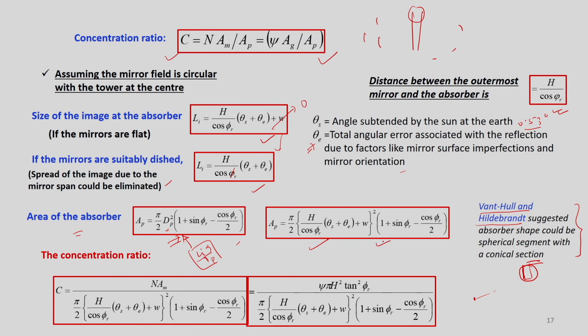Once we know Ap, as we know the expression for concentration ratio, we can substitute the value here and develop the concentration ratio for this considered observer system. So, this will be something like this: N Am, then this expression multiplied by this expression.